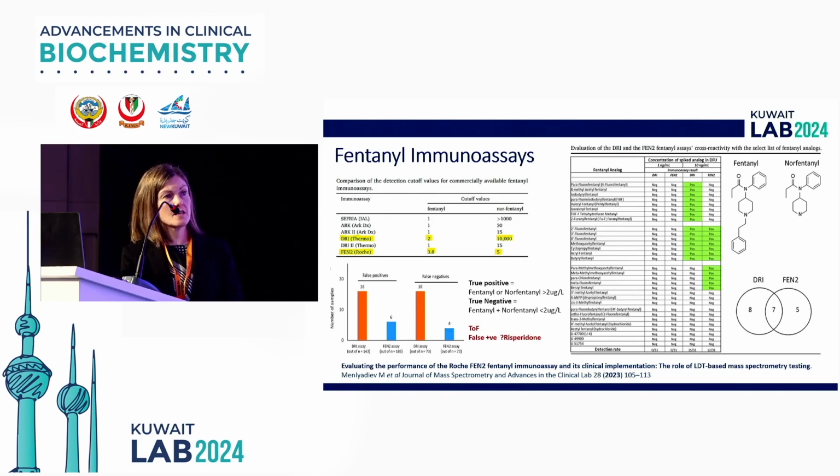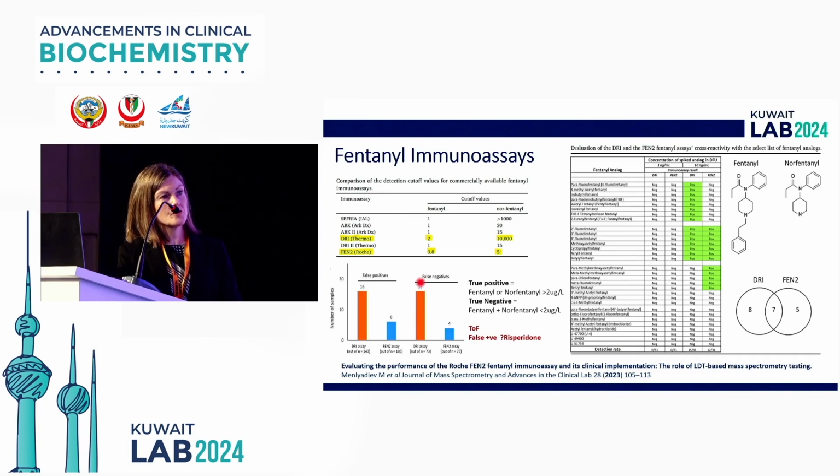They tested all of the samples in their laboratory by LC-MS-MS also, and they picked all of the samples that were true negative, with no fentanyl present, results less than 2 micrograms per liter in their mass spec assay, and they still had false positives in both assays.